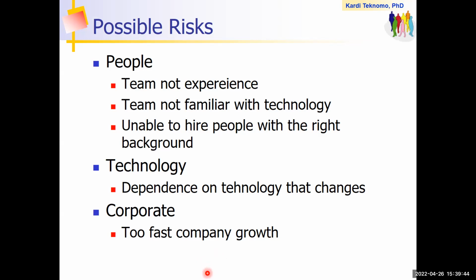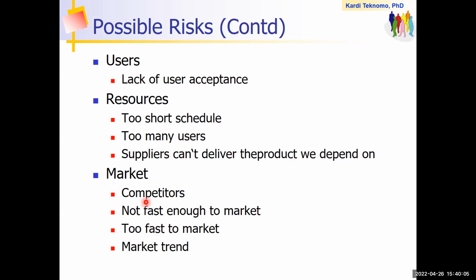For example, before they didn't have new branches, now they have several branches, and now they require parallel processing, for example, that you don't know how to do. So this is an example of risk.